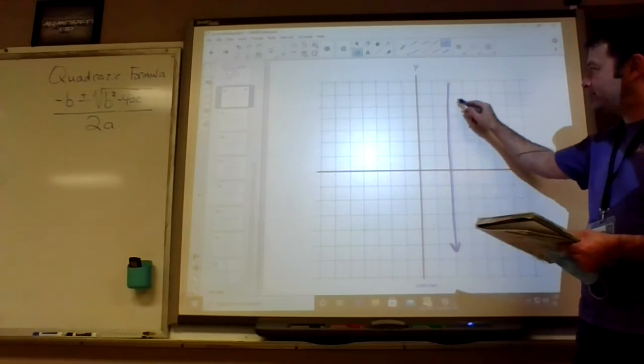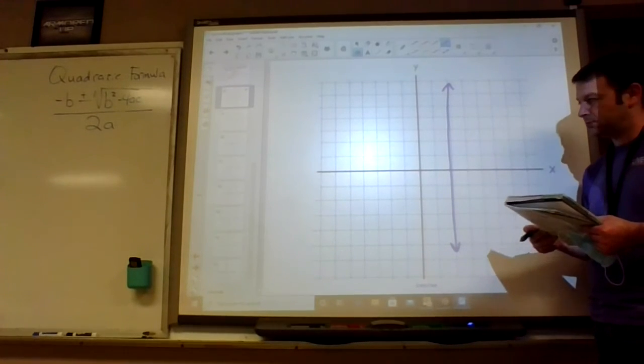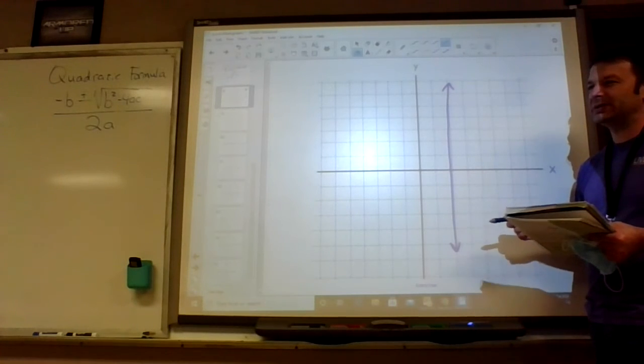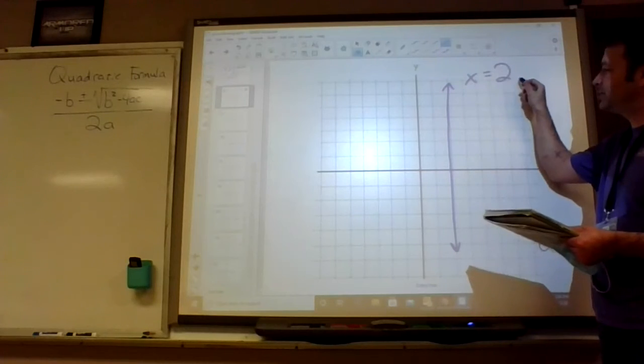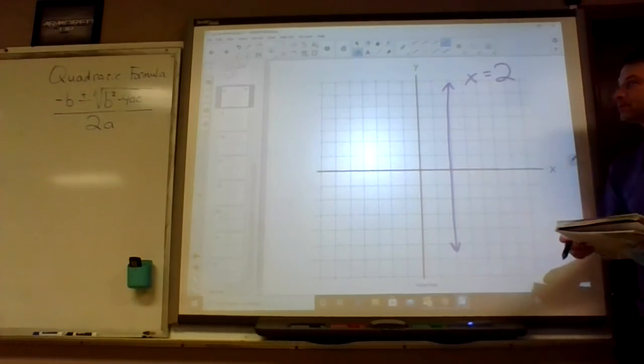Okay, we just talked about this on 23. What's the equation of a line that looks like that? It's x equals 2. Remember, you go over to 2 and draw a vertical line. So it's x equals 2.